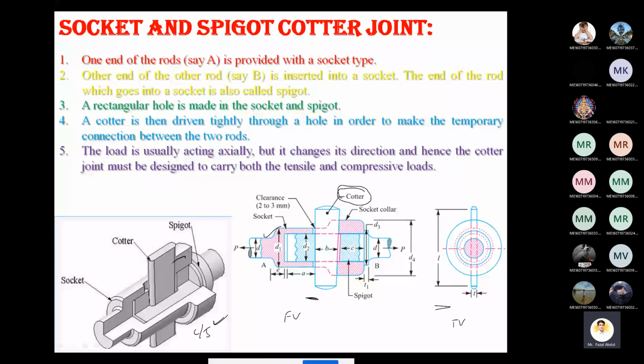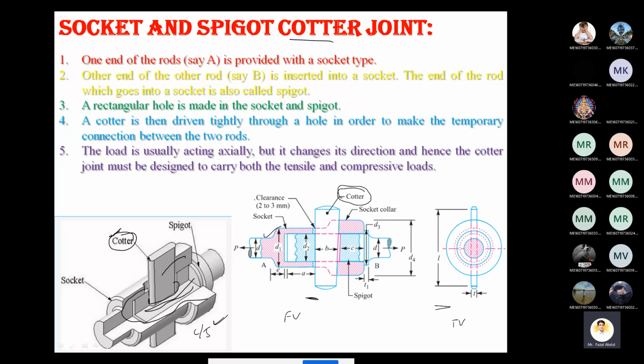The upper portion is referred to as the socket, having the hollow portion, and the spigot is a solid rod inserted into it. After making the joint, one rectangular hole is created here. Through that hole, the cotter is inserted. So the cotter helps in joining, and that's the reason the name is socket and spigot cotter joint.